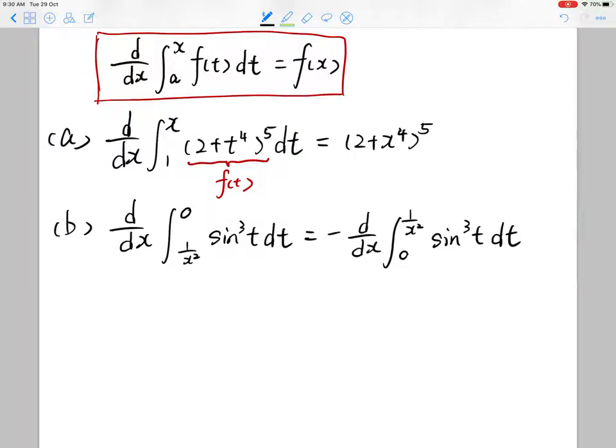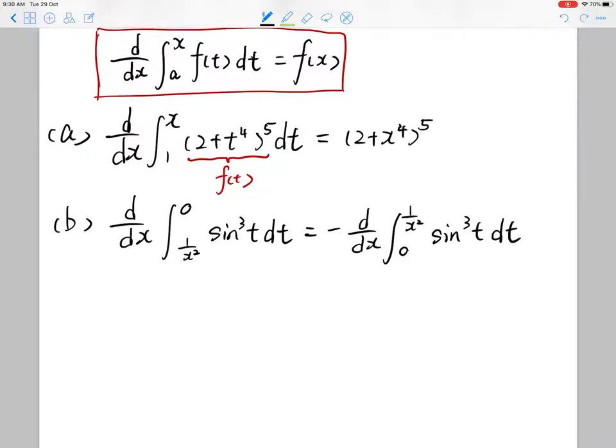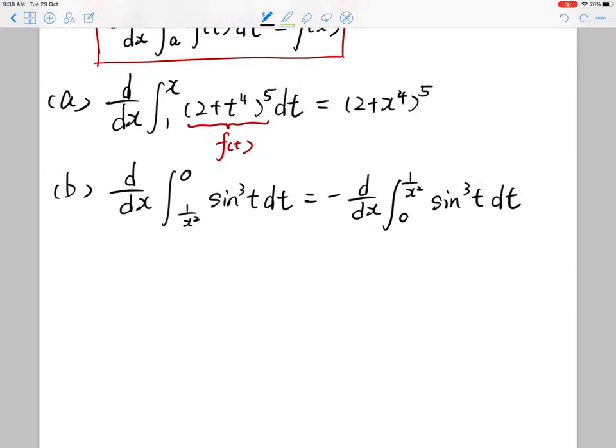The upper limit you want to be just x, a variable, not a function of a variable. So you can use the substitution method. You can let u equal 1 over x squared.